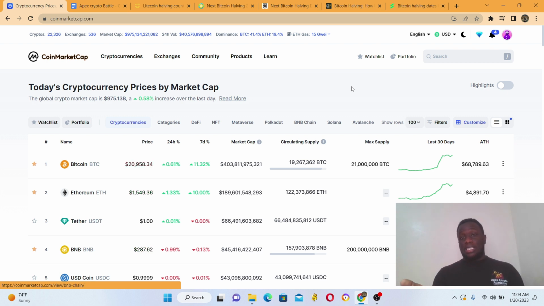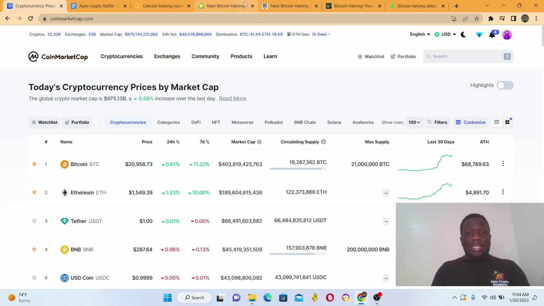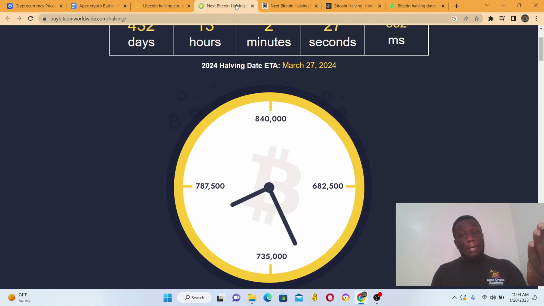And I'll show you guys historically how it has been whenever we have a halving process in Bitcoin, because the reward is cut in half. The miners who are mining Bitcoins know that in the next 434 days, their reward is going to be cut in half. Assuming you are a miner, you have an S9 miner plugged in your mining farm, and you are currently mining 6.25 Bitcoins per block.